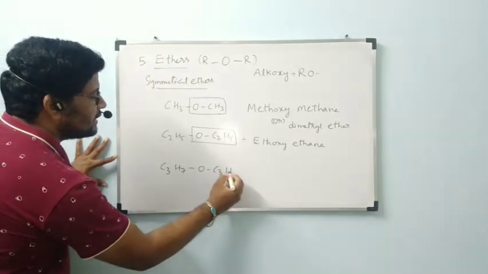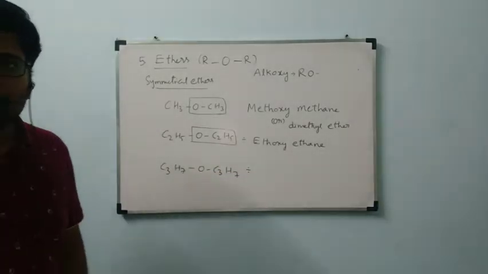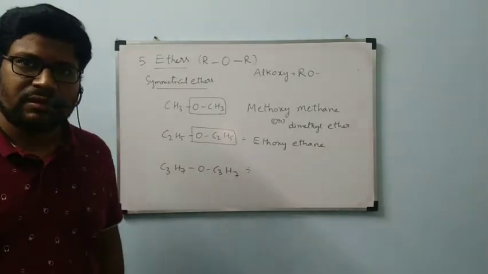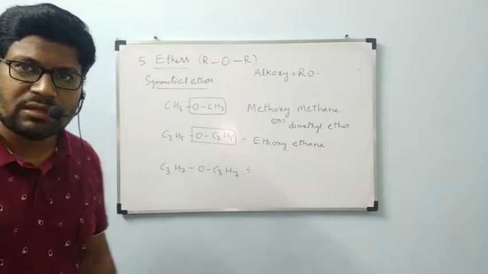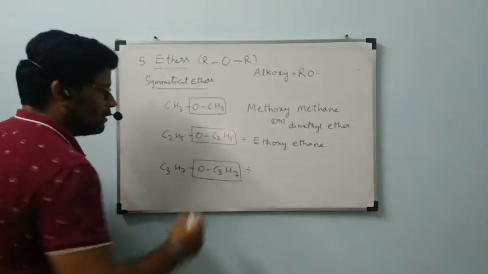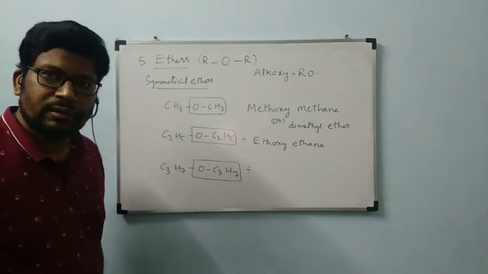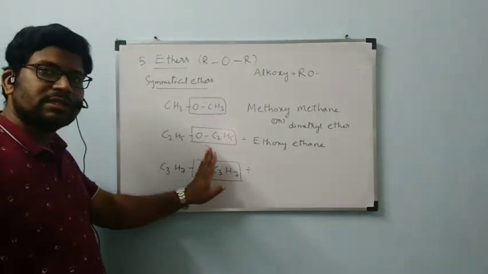One more example, C3H7OC3H7, a symmetric ether. Join any alkyl group with oxygen: propoxy. How many carbons are there outside?